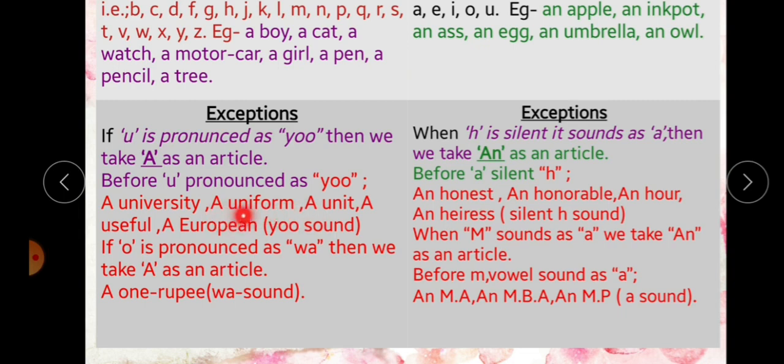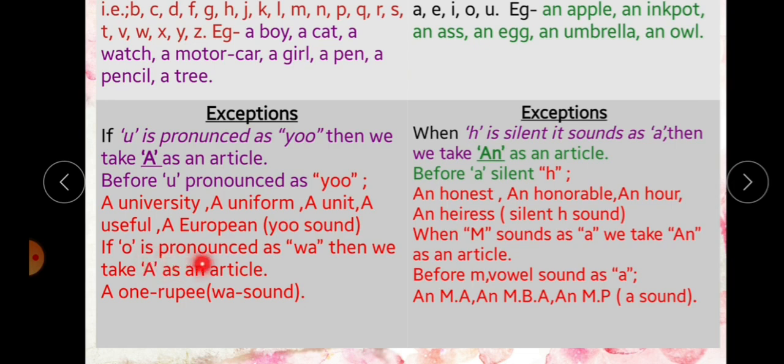Again over here U is a vowel, though we will look at the sound, and the sound is yoo. So we will use a as an article before uniform. In the same way, a unit, a useful, a European. So in all these words we will use a as an article, because over here U is pronounced as yoo.